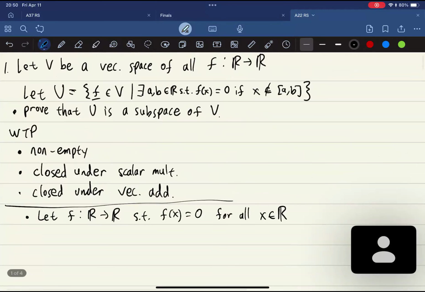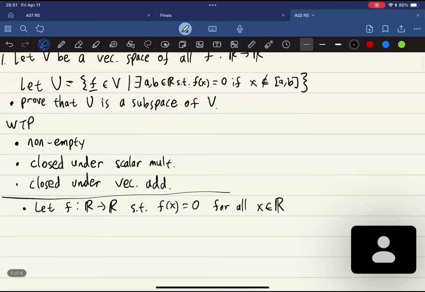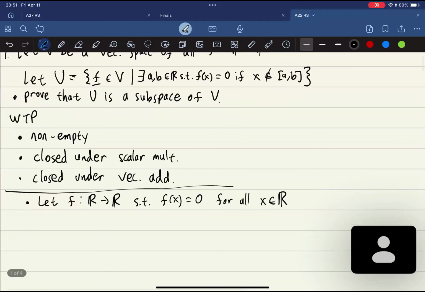Then the only thing that we need to do now for this point is to prove that f is a member of U. To prove that f is a member of U, we need to find real numbers a and b that satisfy the set property. Does anyone have any ideas on what we can pick for a and b?